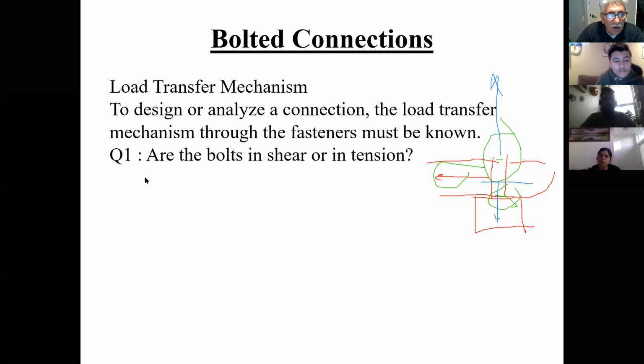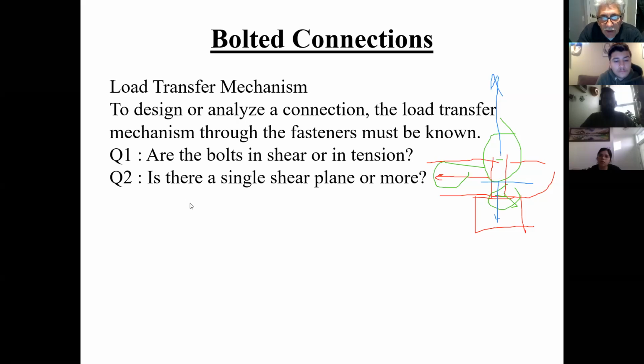So now the second question: is there a single shear plane or more than one? Let me go back to this drawing here, and we might be able to use it. Let's use a yellow. So here right now, if there's only one plane, the bolt has to resist everything right across here.